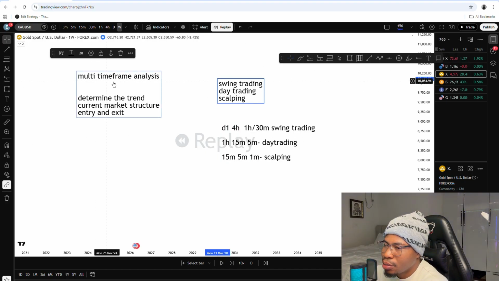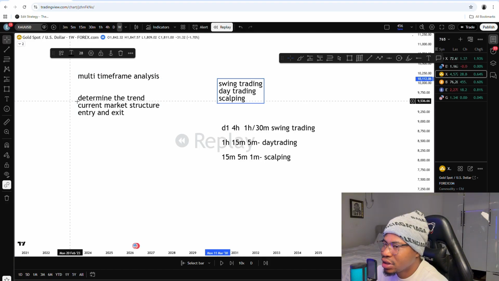Now, on multi-time frame analysis, I'm going to categorize this multi-time frame analysis into 3 time frames. All right. Now we'll be using 3 time frames. Multi-time frame analysis does not mean you'll be using all the time frames, like you use 5 minutes, 3 minutes. No. So you have to pick specific time frames.